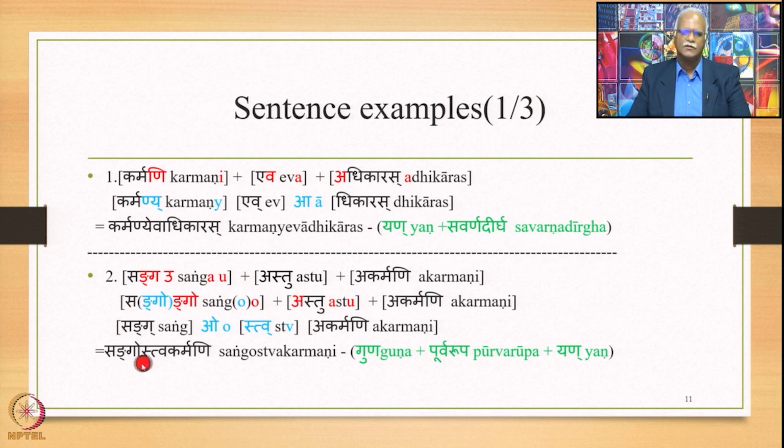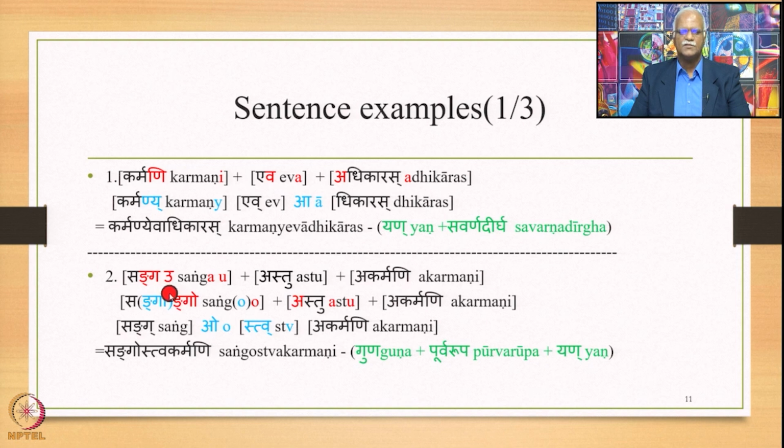Similarly, if you look at sangostva karmani, here we have sanga u plus astu and akarmani, three words. Now sanga u, this u comes because of the sutras applying, and we shall study them when we take up Swadi Sandhi section.